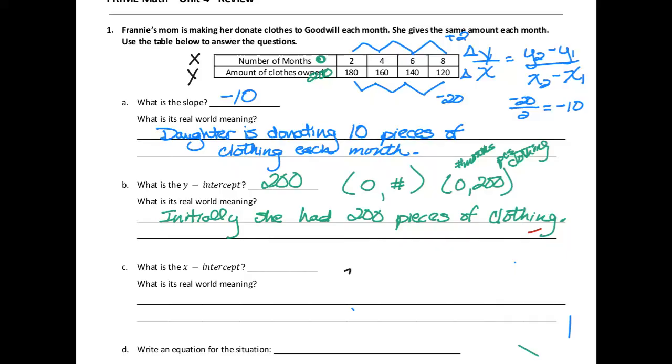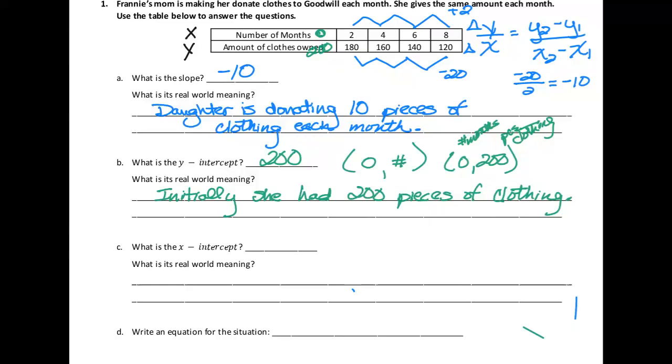She owed 200 clothes. We don't know that it's owing because there's no negative. I would say she has that 200 pieces of clothes. It's not owing because it's not a negative 200 yet. The slope and the amount of change is that you're donating 10, but you need to be very careful. That 200 is 200 pieces of clothing, period. Does that make sense? Kind of. I can tell you don't love it, but you kind of get it.